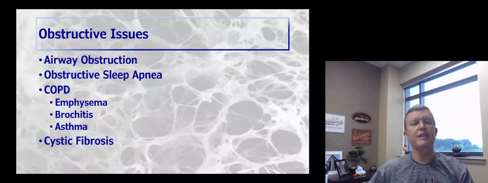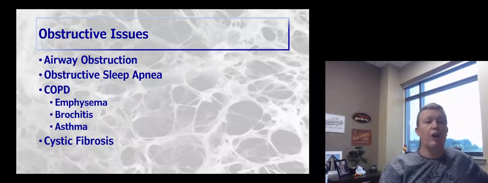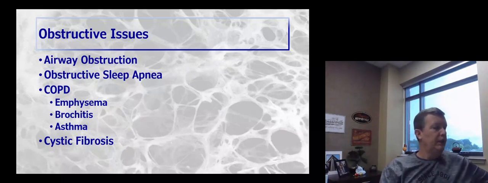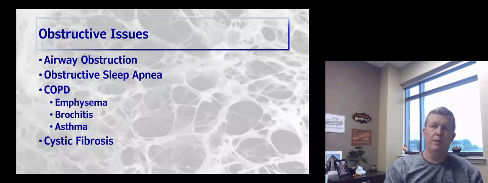Chronic obstructive pulmonary disease, COPD, has three manifestations that have distinct properties. However, they can occur together, and we will discuss that as we move into emphysema, bronchitis, and asthma. You will see these grouped differently by different textbooks. I describe COPD in this class as an umbrella term that gets used to capture a few chronic conditions.